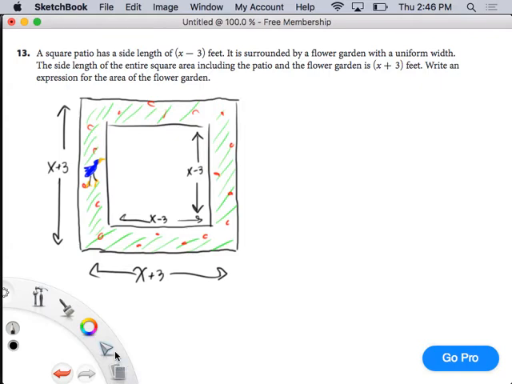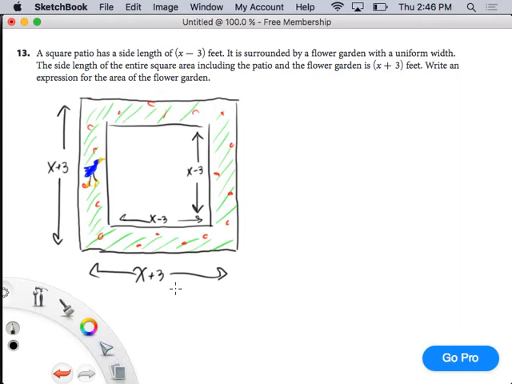So take away in math terms is what? Subtraction, right? So we have this bigger area, and we subtract the smaller area from it.